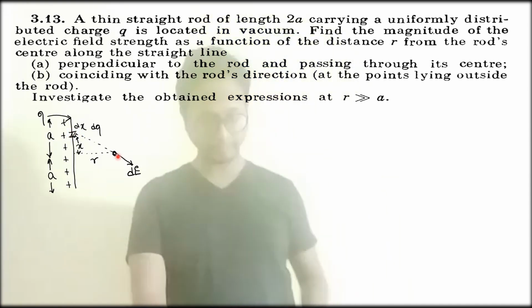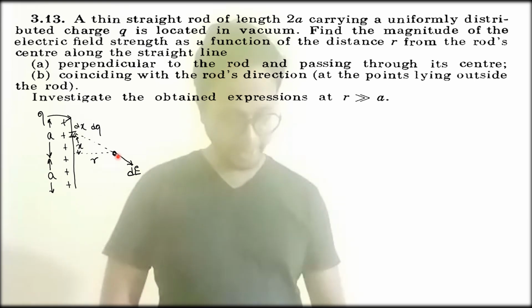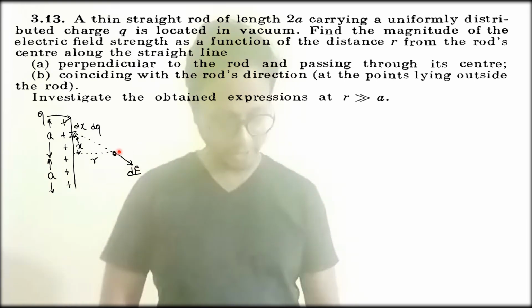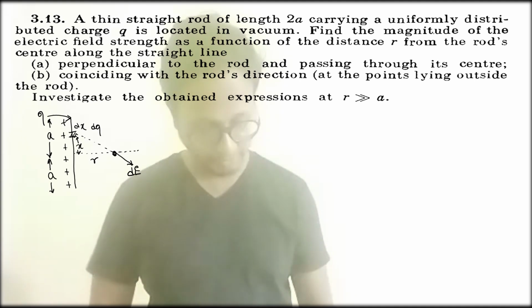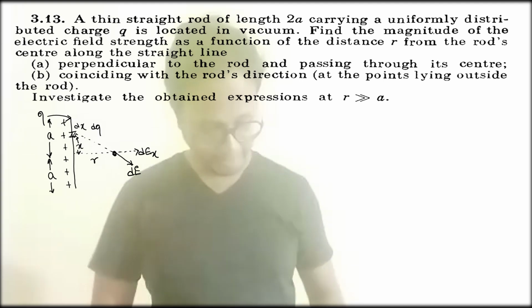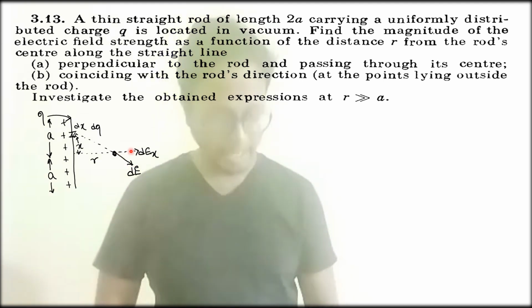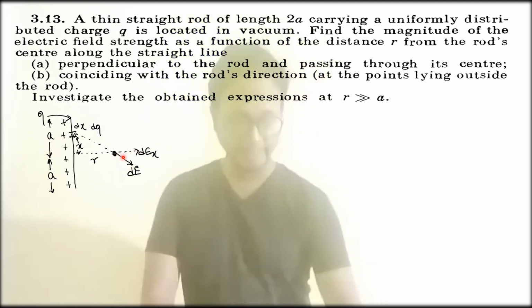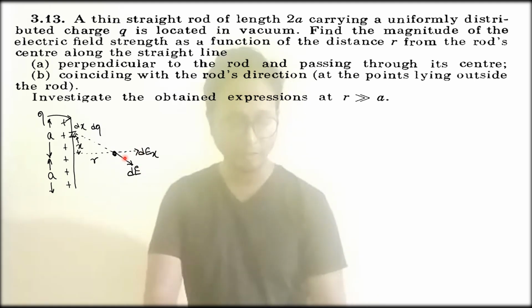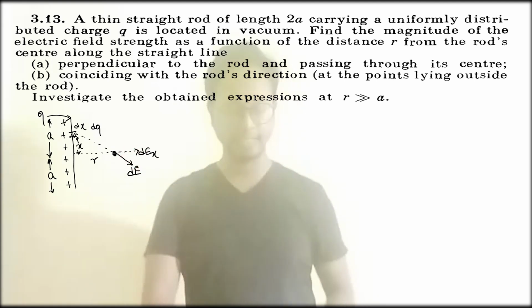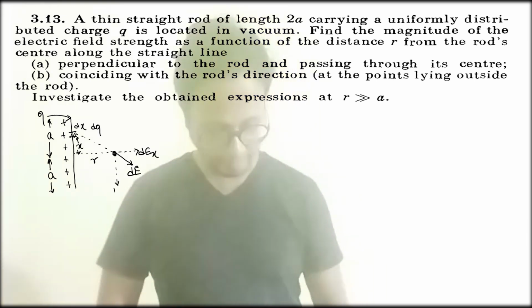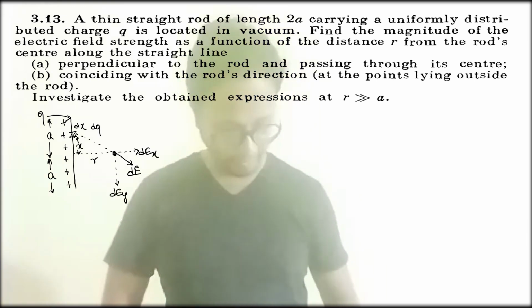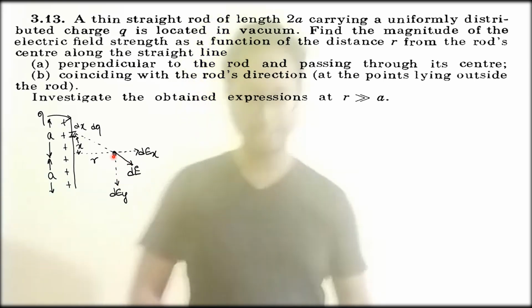Now I will take the component of this dE along the horizontal direction and along the vertical direction. Why? Because it is much easier this way. So dEx is the component of this electrical field along the horizontal direction, and dEy is the component of the same electrical field along the vertical direction.